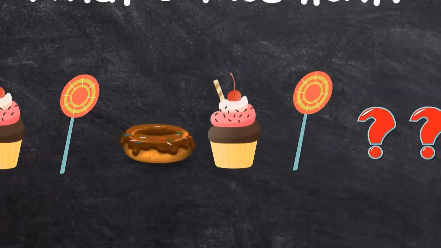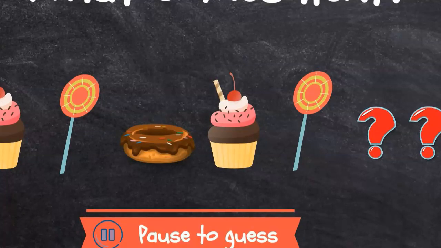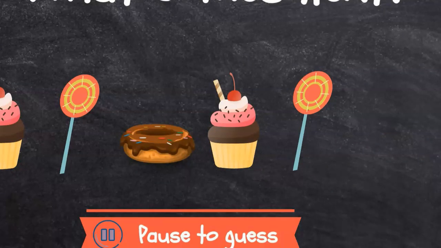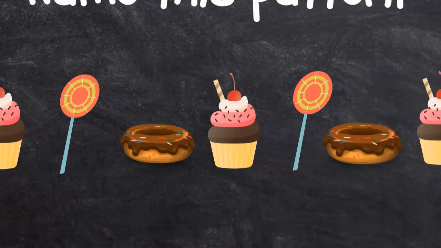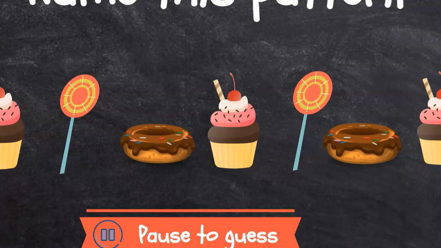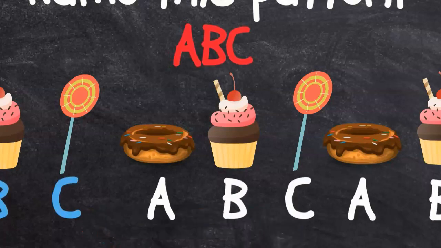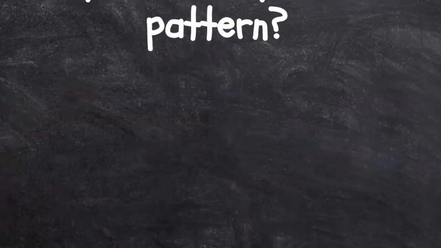Can you tell me what two items will come next? Yes, that's right. Donut and cupcake. Can you name this type of pattern? It's an ABC pattern. Well done.